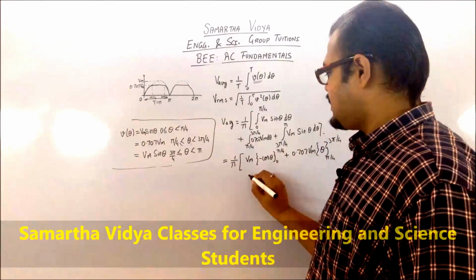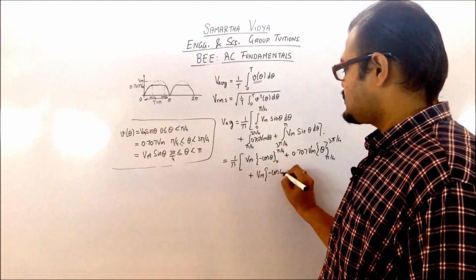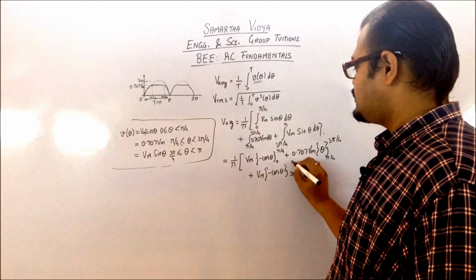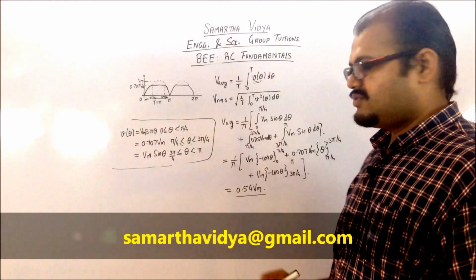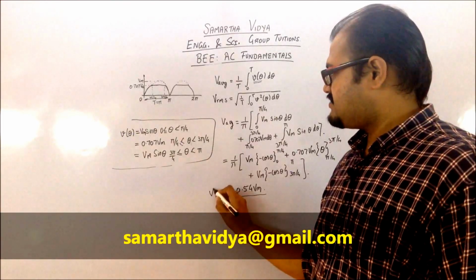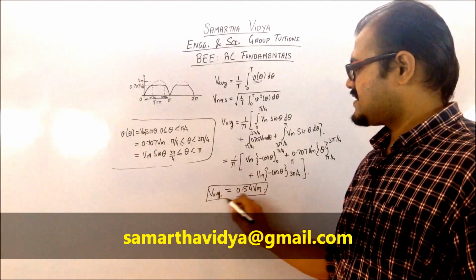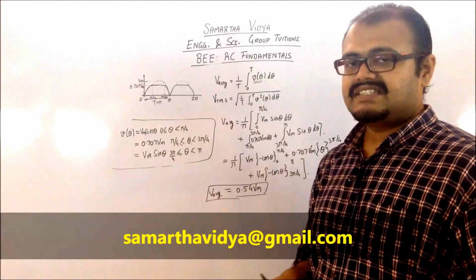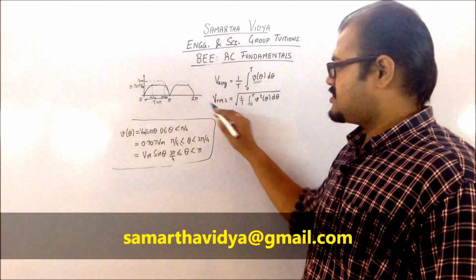Similarly, the last term is Vm times minus cos theta for the limits 3 pi by 4 to pi. After calculation you will get the value as 0.54 Vm, which is nothing but the average value of the given signal. In the same manner, we will continue with the derivation for the RMS value.